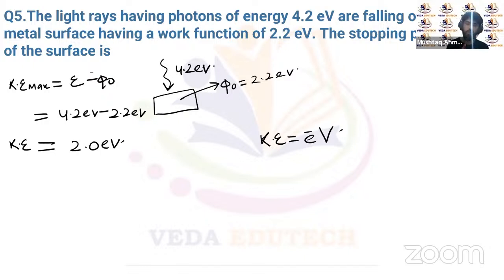We need to apply the potential difference in the reverse direction, with magnitude 2 volts, so that this electron of maximum kinetic energy will stop. So the stopping potential here will be equal to 2 volts.